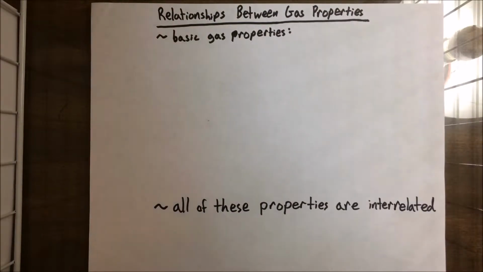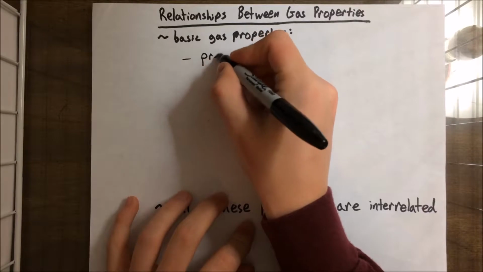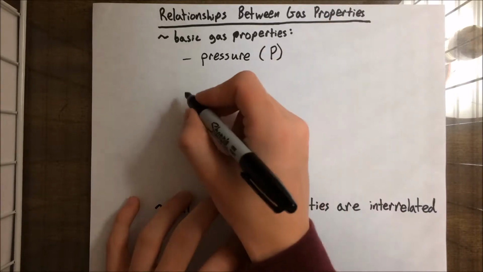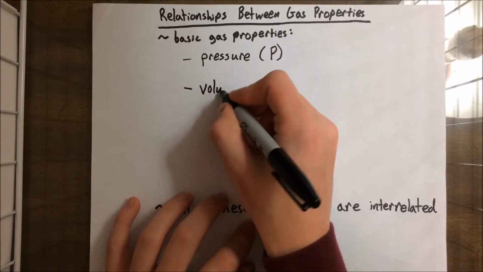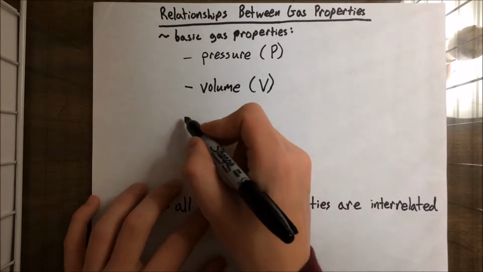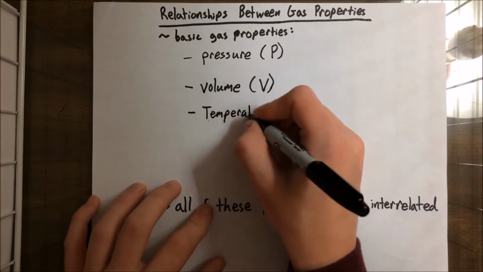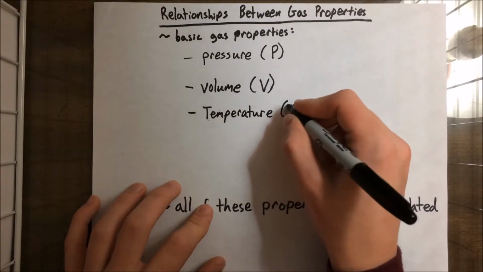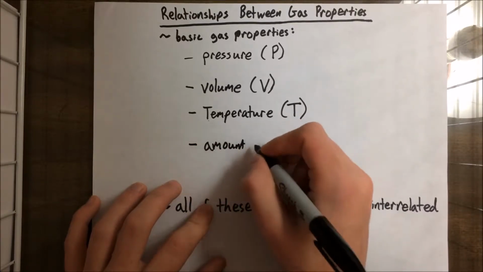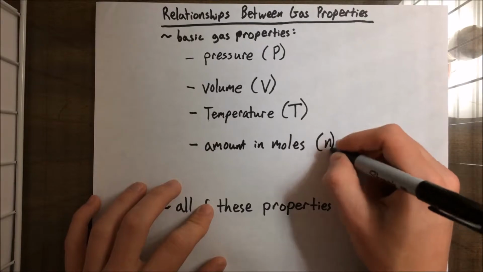So the basic gas properties are pressure, which we represent with a capital P, volume, which we represent with a capital V, temperature, which we represent with a capital T, and finally the amount in moles, and we represent that with a lowercase n.